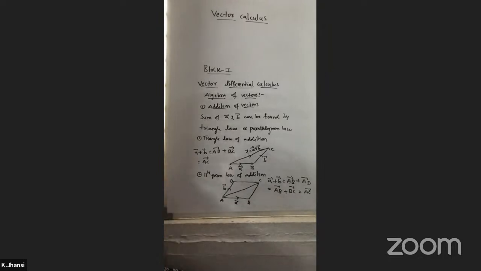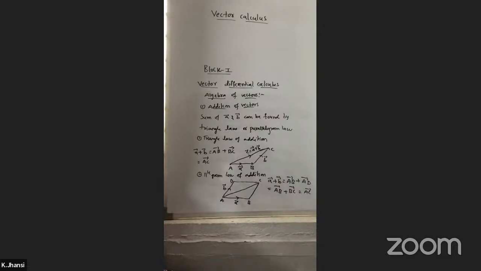This is the parallelogram law of addition. These two, whatever the distance is there, is equal to the diagonal distance. So the sum of two vectors is equal to AC. With the help of this, we can find the addition of two vectors, and it is represented as vector A plus vector B.